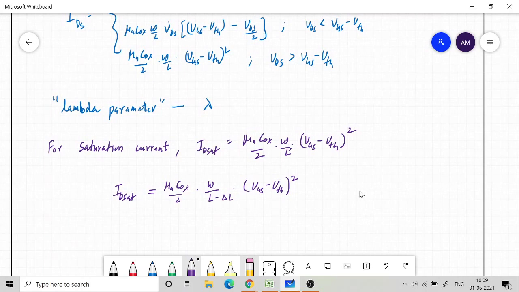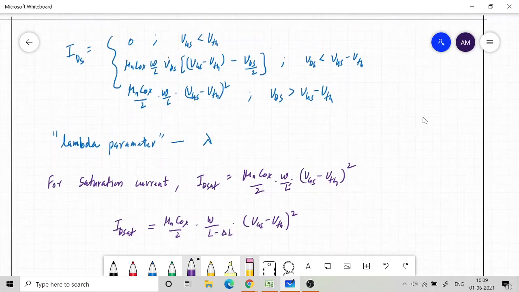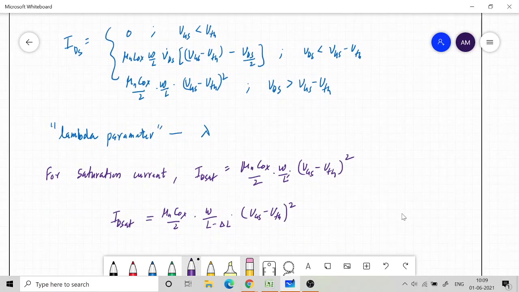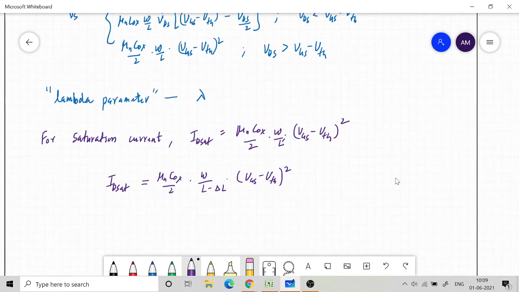We are improving the accuracy of the saturation current expression, because in saturation this effect is prominent, but in the other region like VDS less than VTH, the change in L is very negligible, so we can take it as L itself, the original length. The channel extends from left to right and there is not much reduction in the length, so that expression is okay.